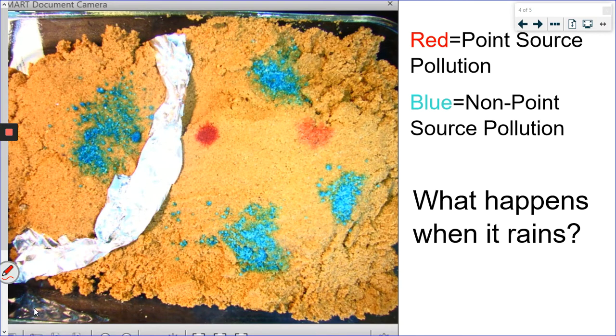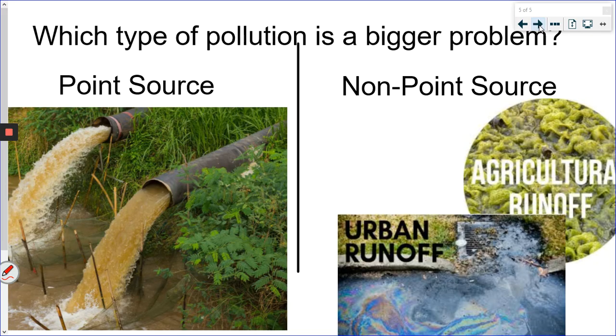Which one do you think is going to be harder to control? Which one do you think is worse? Do you have an idea on that? Actually, it might seem like point source is worse, but it's not, because point source we can actually fix.